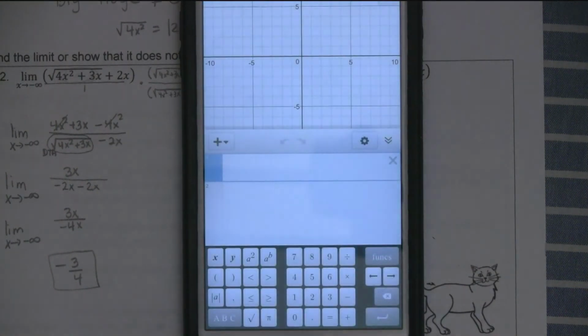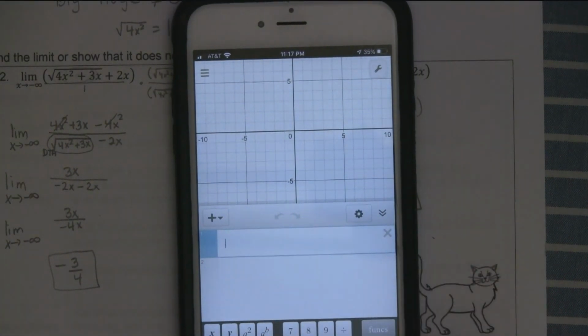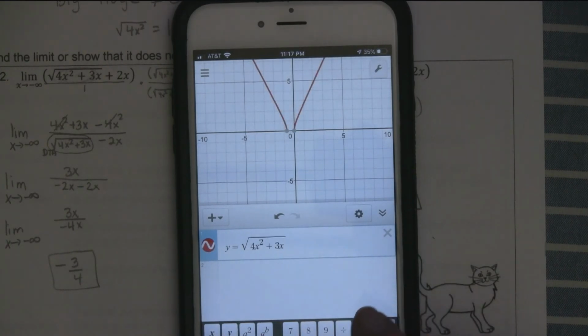So I'm going on Desmos on my phone, and I'm going to be graphing, and I'm going to put this in here, y equals the square root of 4x to the second plus 3x, and then I'm going to get outside of that, and I'm going to add 2x.